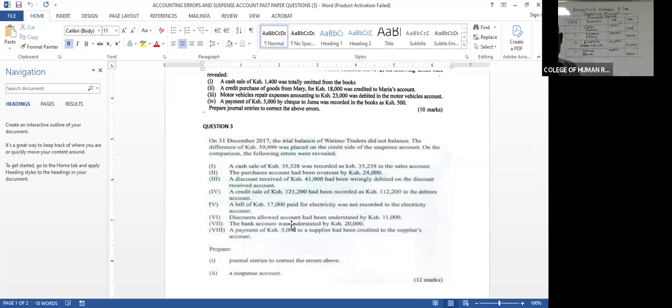Well, I want us first of all to start with the journal entries, that is, preparing the general journal. From the general journal, it is very easy and very fast to do the suspense. With the general journal, it is just a matter of lifting and taking it to the suspense, where the suspense account has been affected or involved. So let us look at them.